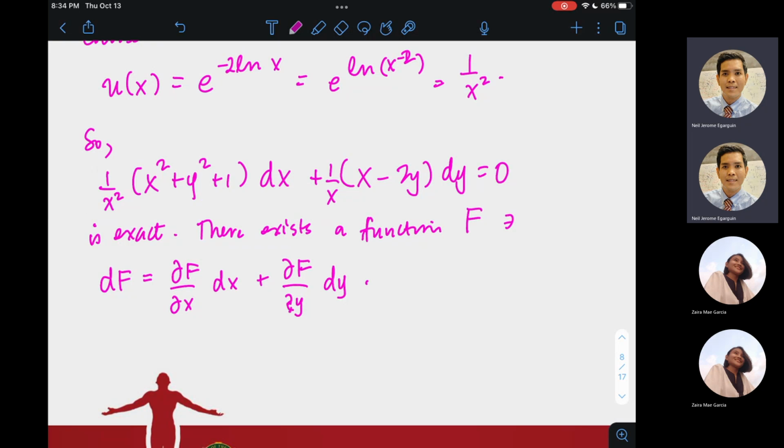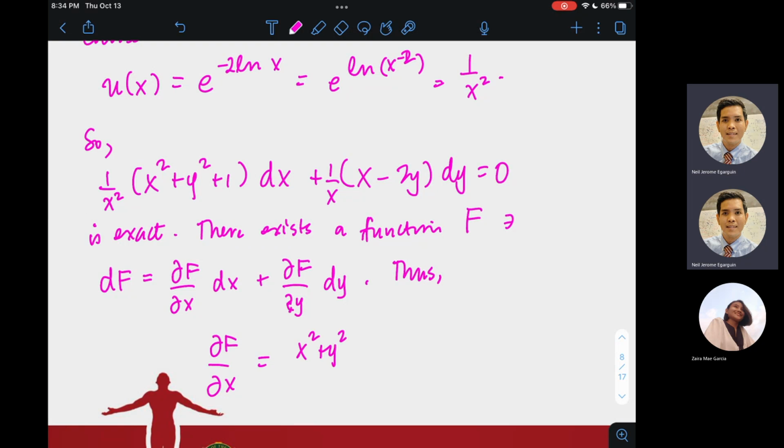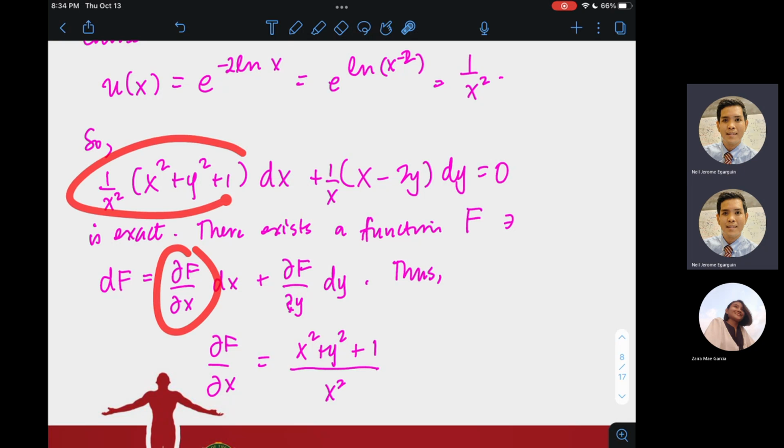Okay? So thus, we will have two equations. The first of which is, again, the partial of F with respect to x should be equal to x squared plus y squared plus 1 over x squared. Kasi ito nga dapat ay equal dito.